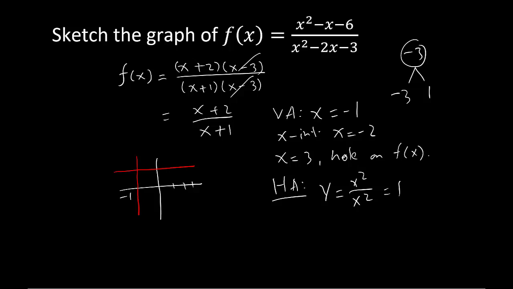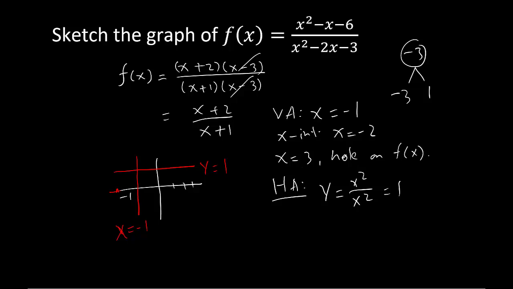So I'm using red color. The first one, y equals 1, is my horizontal asymptote, and x equals negative 1 is my vertical asymptote. Now, what I know is that I have a hole at x equals 3, and the x-intercept is negative 2, so my x-intercept will be here, negative 2.